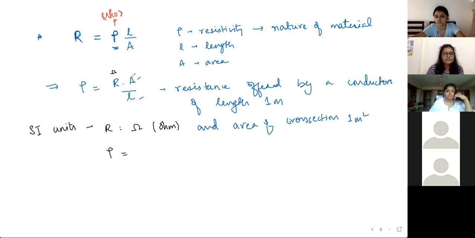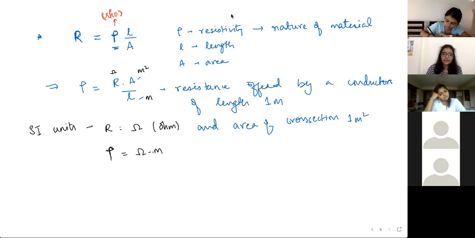R is ohms, area is meter square, length is meter. Sorry, my bad. So resistivity has the unit ohm meter. These are like the basics.